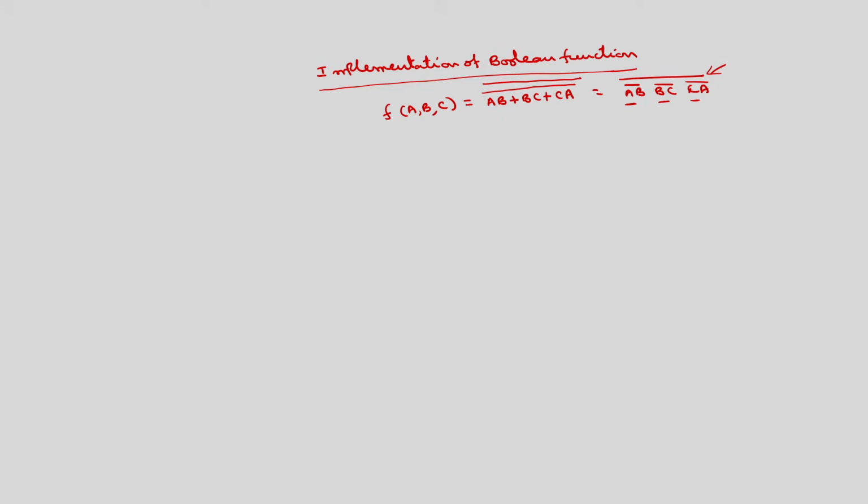So, A B is a NAND gate, B C another NAND gate, C A another NAND gate, overall you have to implement another NAND gate. So, the structure will be something like, in the NAND we will be having this in series, for the NOR we will be having in parallel. Okay. So, I will first write down the pull down network.